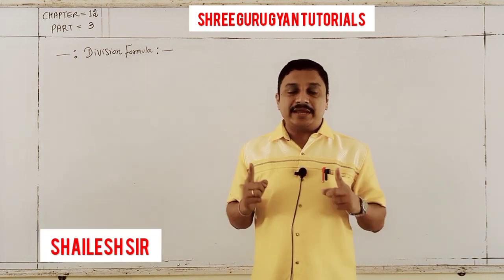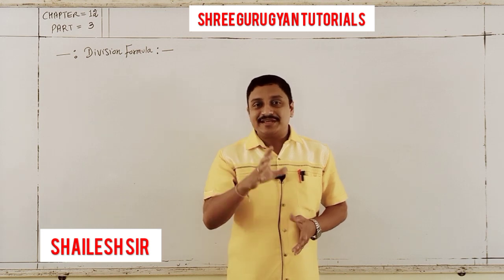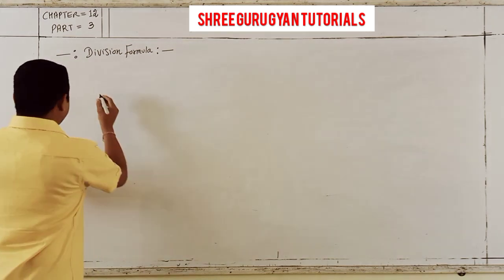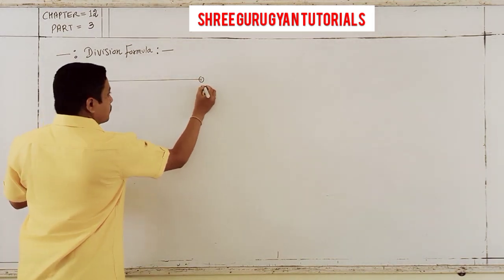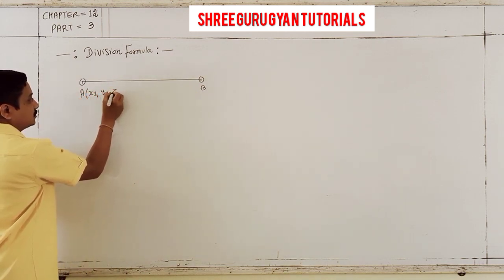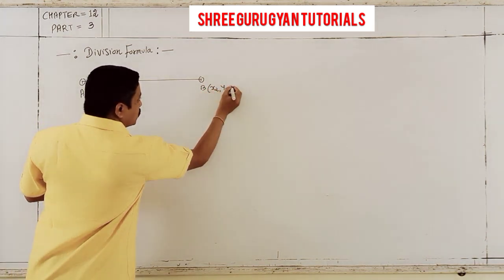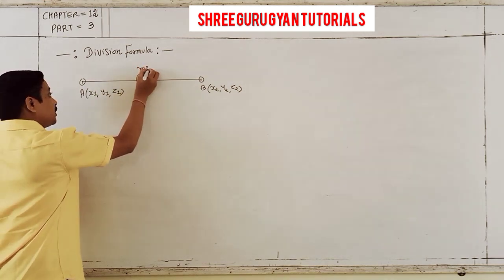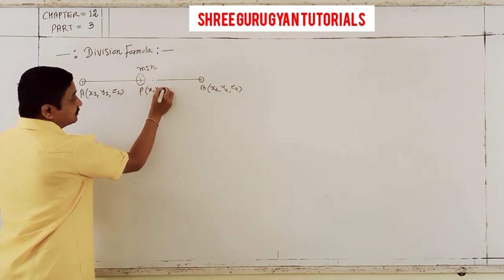For any line segment, we apply the division formula in the ratio m:n. Consider a segment AB with coordinates x1, y1, z1 and x2, y2, z2, and the ratio m:n, with a point P with coordinates x, y, z.